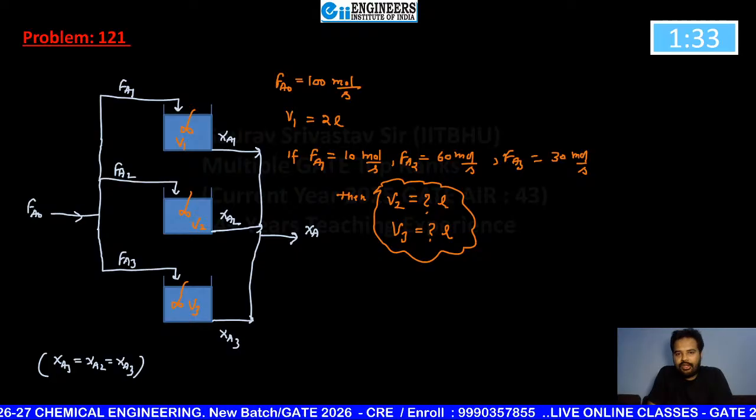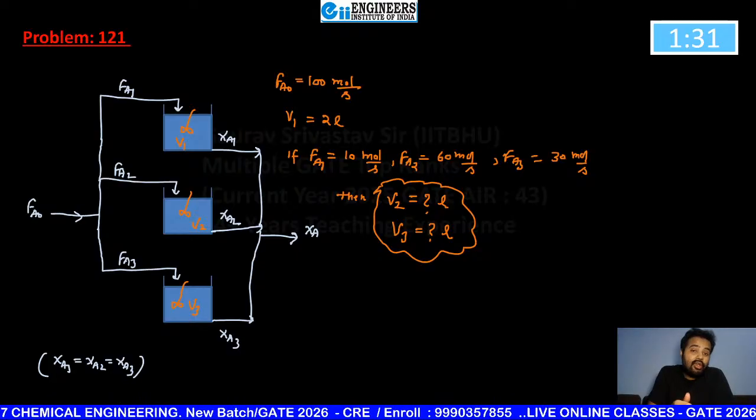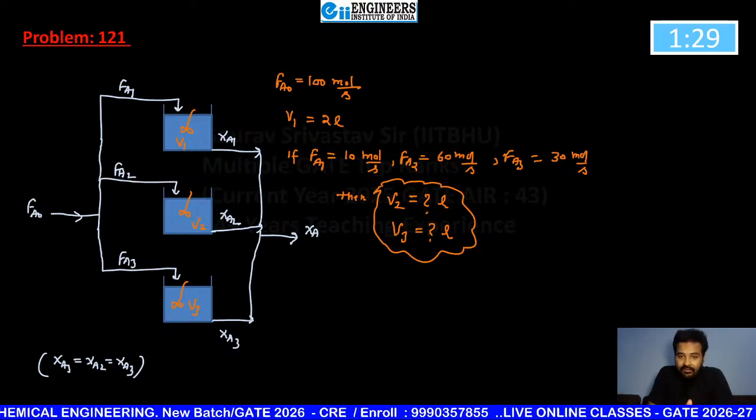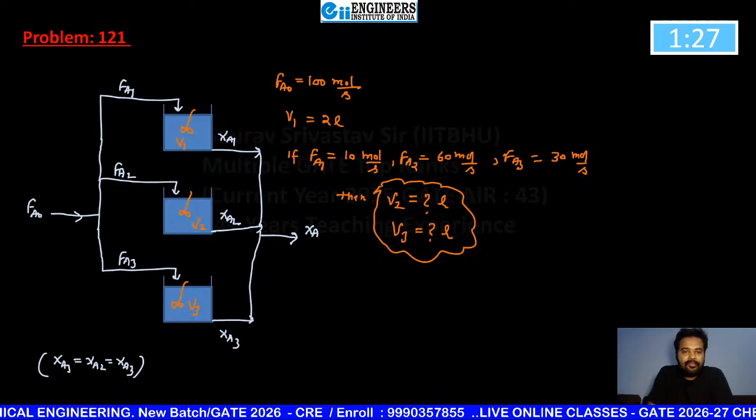These types of questions they can formulate, and also they can ask you FA2, FA3 by giving the values of V1, V2, V3.